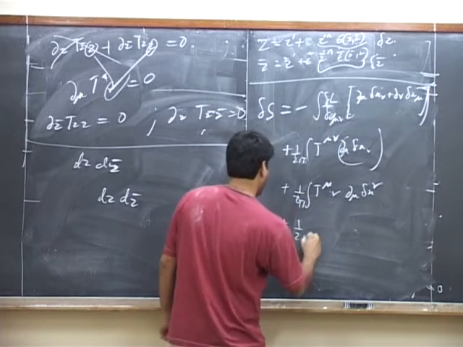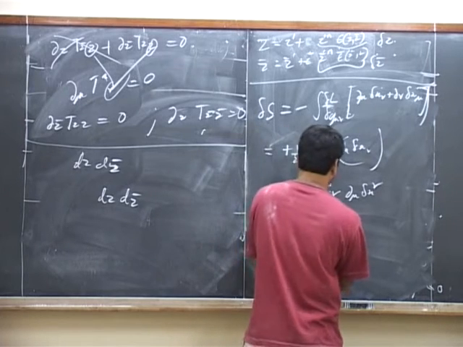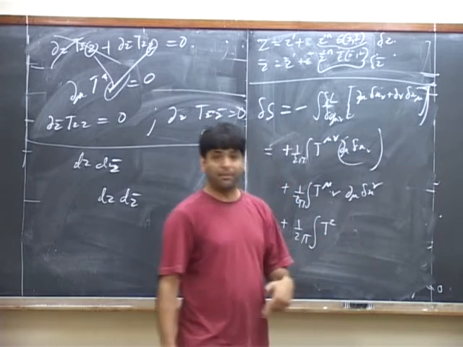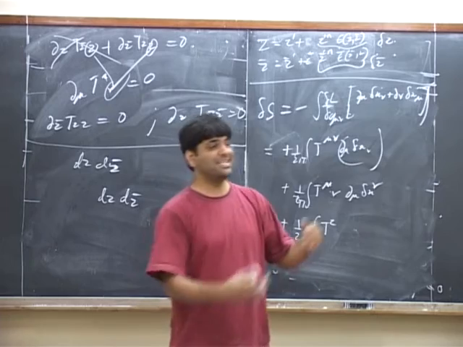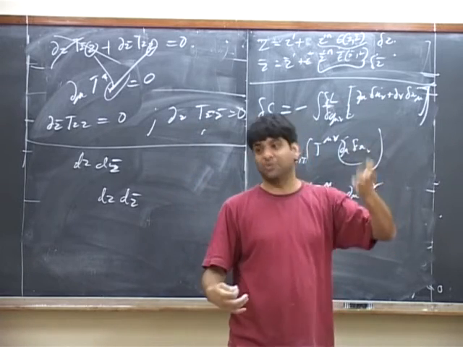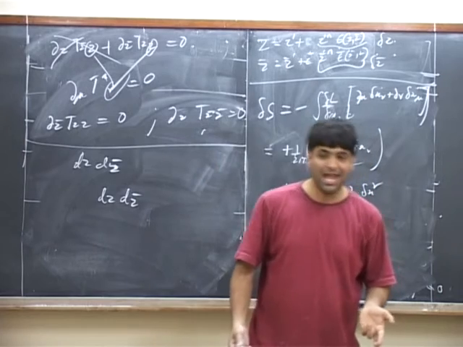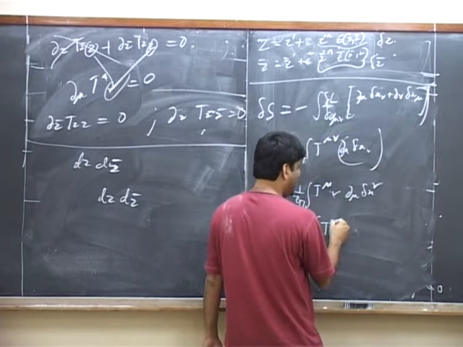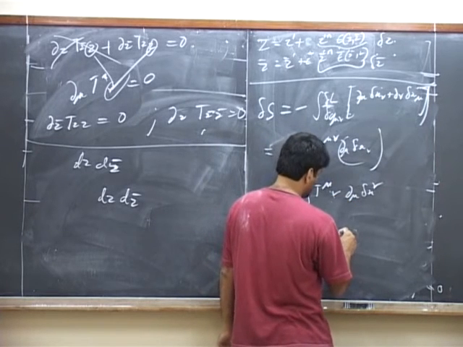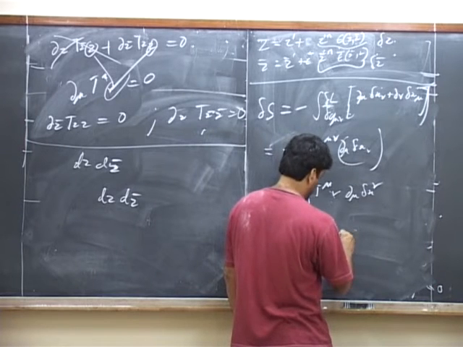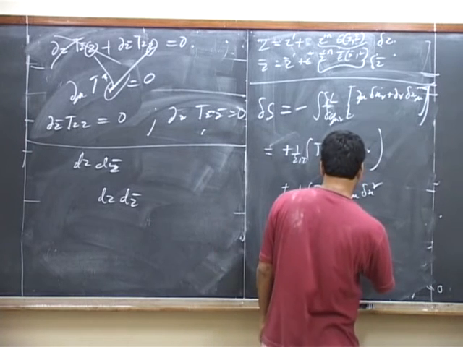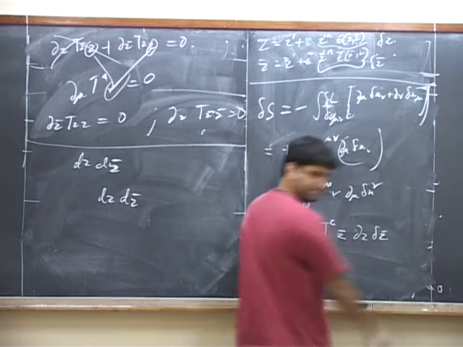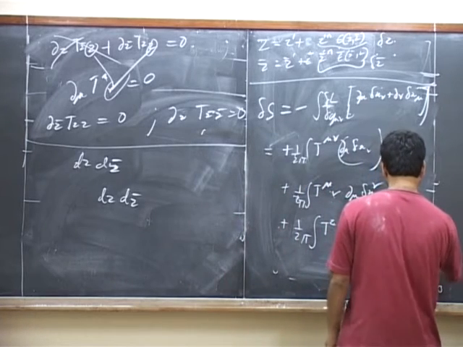So this is plus 1 by 2 pi times T z z, and T z z bar, where both indices go down, which means T z z, one up one down, or T z bar z, one up one down, are both 0. So if I put a z here, the only index I can have here is a z bar. So T z z bar del z delta z bar plus T z bar z.